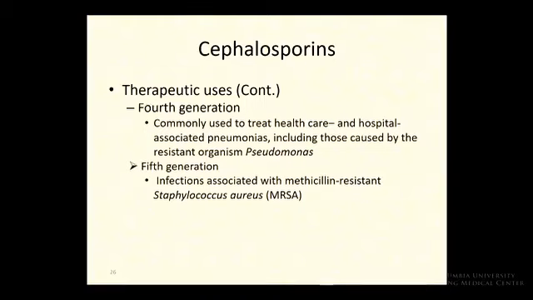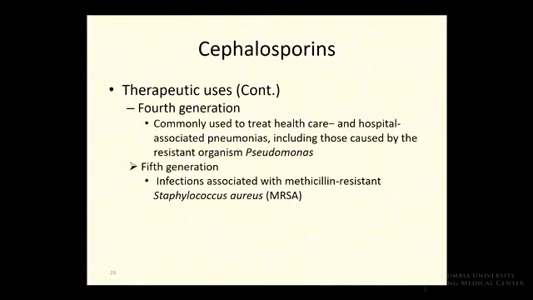And then hospital or healthcare-associated pneumonias are unfortunately a very frequent infection, and it's particularly common in patients who are unconscious or patients that are restricted to being in bed, okay, or immobilized. The Pseudomonas organisms are a common cause of this pneumonia, and so those fourth generation cephalosporins are very effective against those Pseudomonas organisms.